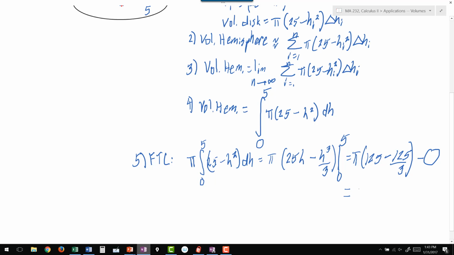125 minus 1/3 times 125 is 2/3 times 125, and that can be rewritten as 250 pi over 3, and that's exactly the value we got when applying the formula for the volume of a sphere.